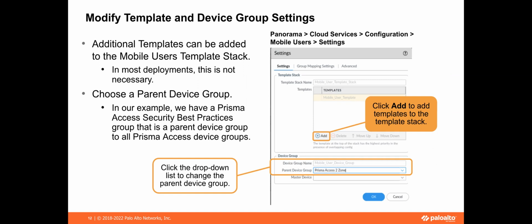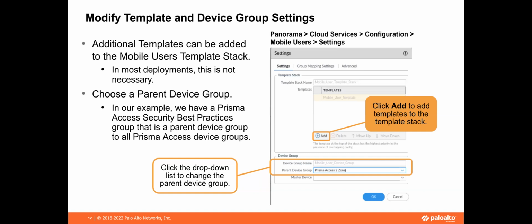What does this mean? It means that a setting in a higher template takes priority over the same exact setting specified in a lower template in the stack. Note that you cannot move the default mobile user template from the top of the stack, which prevents you from overriding any settings that Prisma Access requires to create the network infrastructure in the cloud.